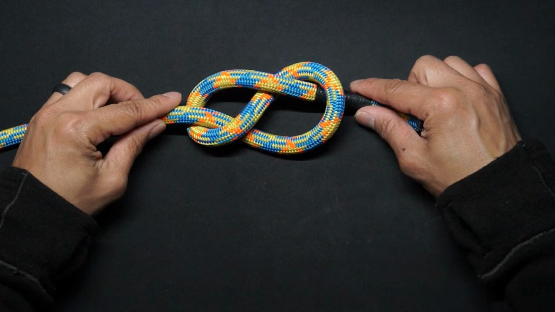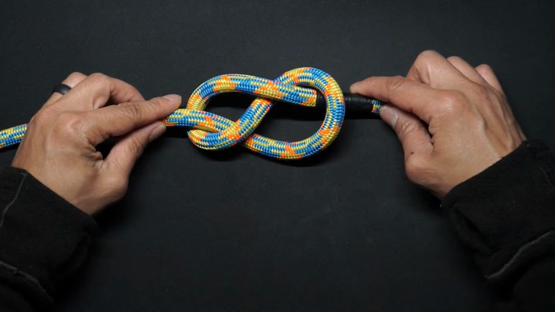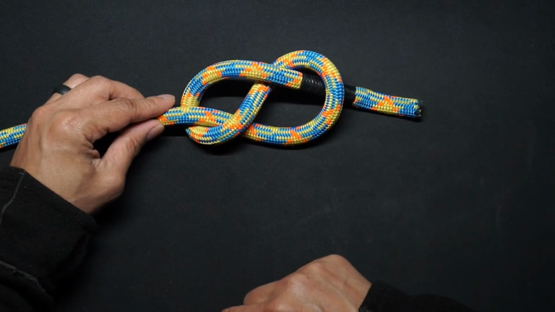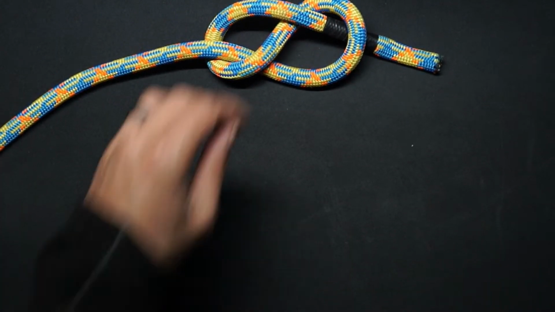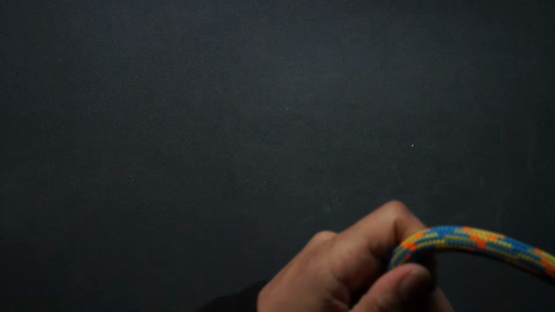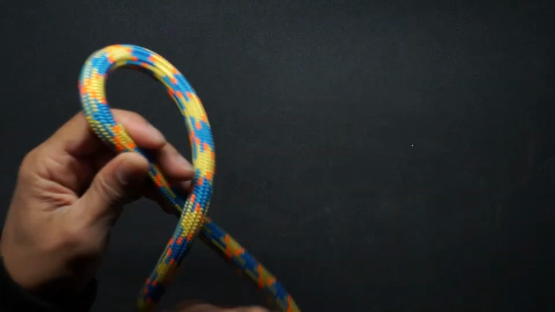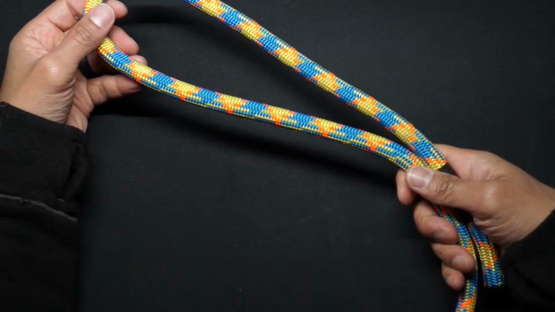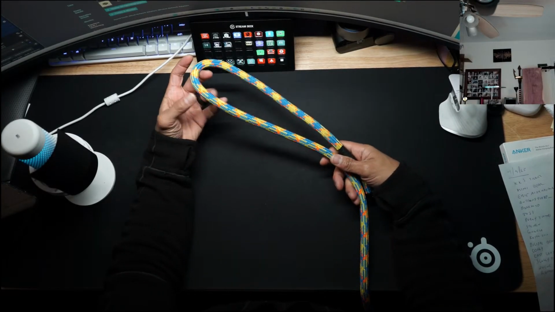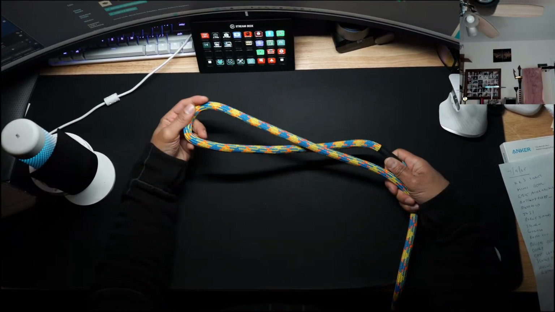Now, let's go ahead and do a figure 8 on a bite. Remember this, yeah? Put that over there. Actually here, let me put it on this side so you can see what it looks like on the bite. Another way I could do it, check it out, watch this. Yeah? Boom.